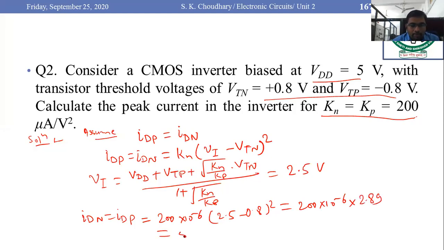Finally, you will get a value of 578 microampere. It remains as it is. So 578 microampere is the peak current. Either you go with the formula of the PMOS, then again you will get the same value. It is a very simple numerical.